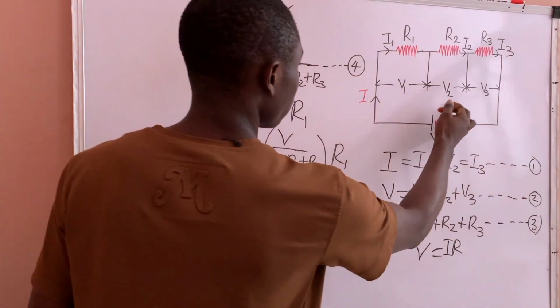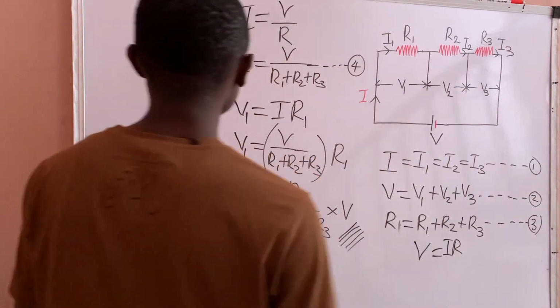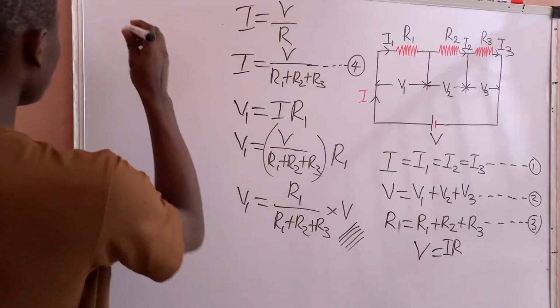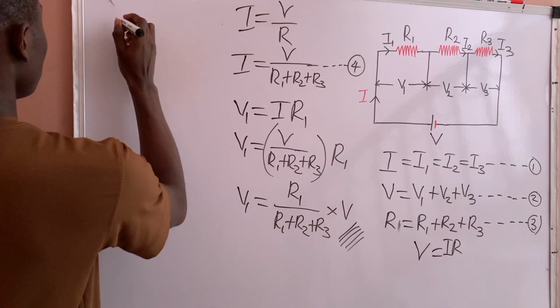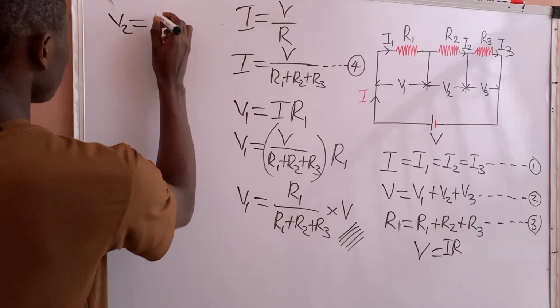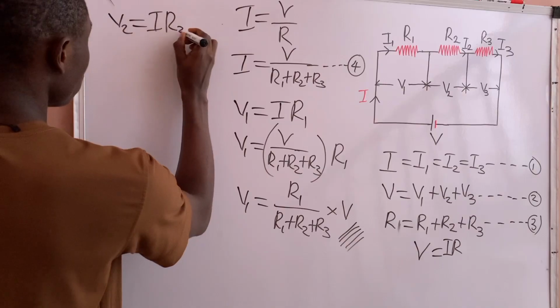So for V2, from Ohm's law, V2 will be equal to I R2.